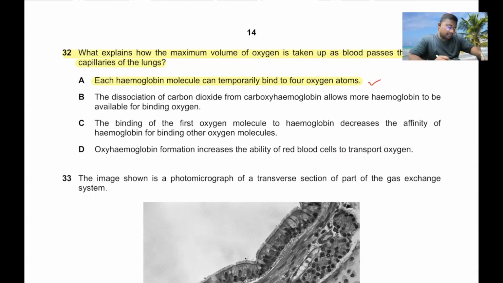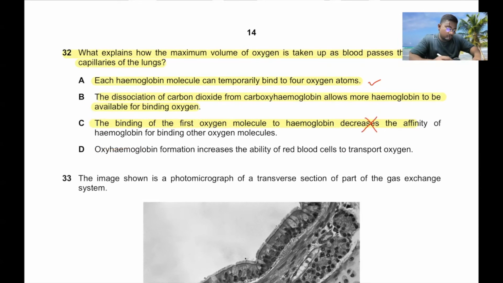Yes, could be correct. The dissociation of carbon dioxide from carboxyhemoglobin allows more hemoglobin to be available for binding with oxygen. All right. Okay. The binding of the first oxygen molecule to hemoglobin decreases. This is a wrong statement. Actually, binding of the first oxygen with hemoglobin increases the affinity.